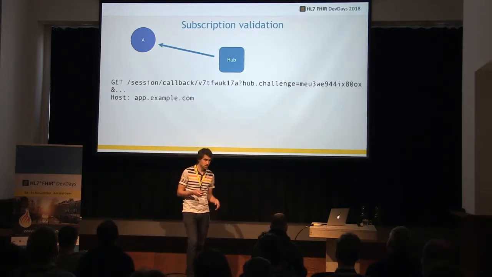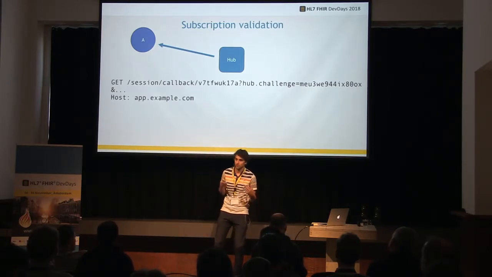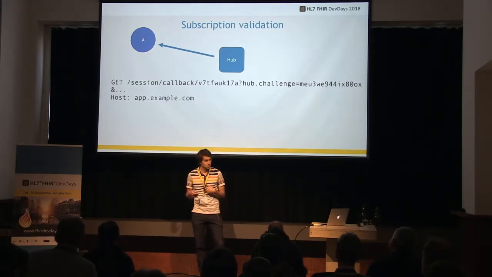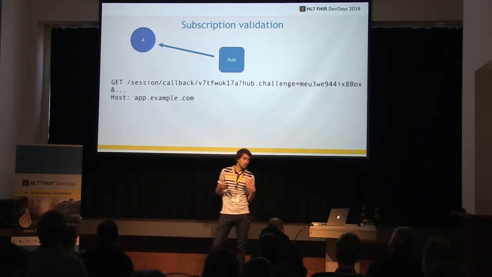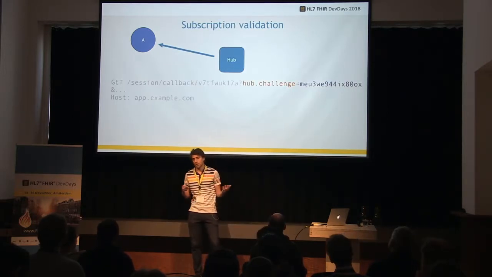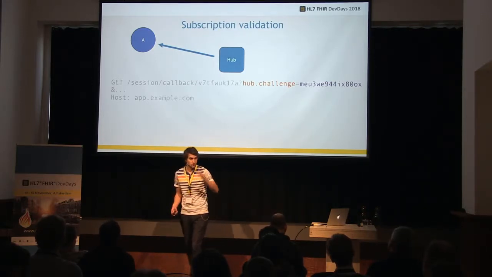To make it possible for the clients to verify that this doesn't happen, this mechanism is in place. When the hub gets the subscription and everything's fine with that, it will also validate that it came from this client.